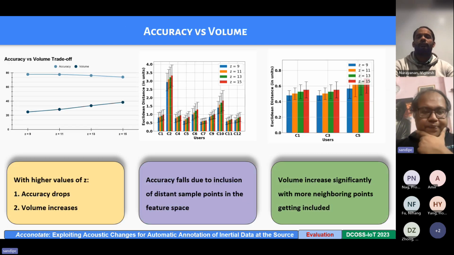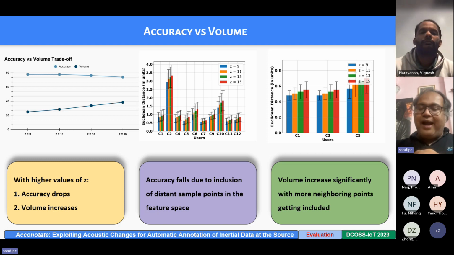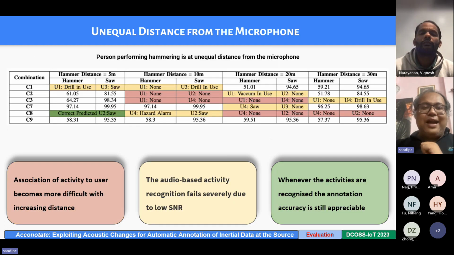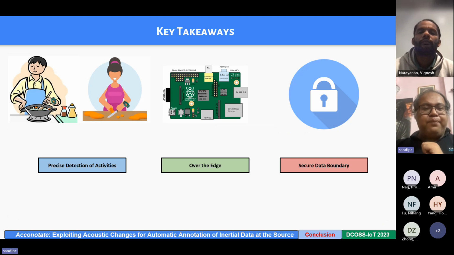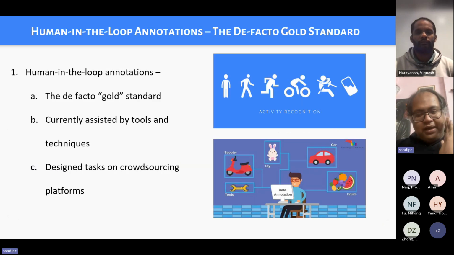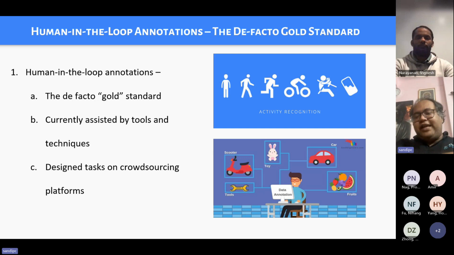I'll just skip the remaining results, which show the impact of this activity annotation under different environments. Rather, I will directly jump to the third thing that I intended to talk about, which is indeed an open problem. We are currently working on it.